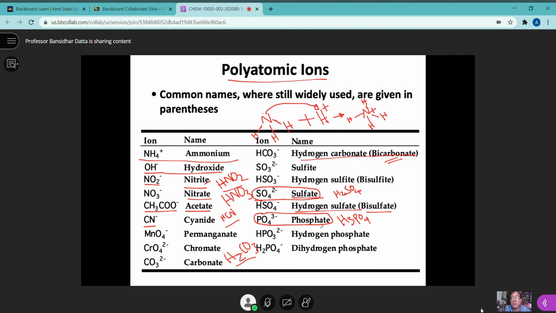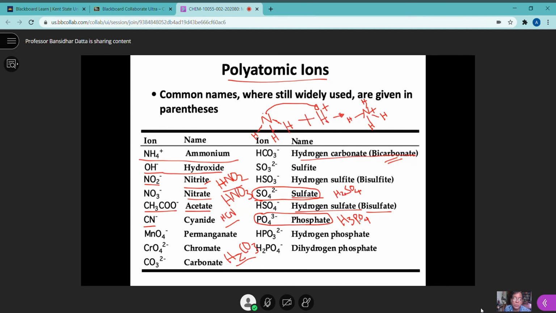Phosphate ions are present in large amounts in our body. If you remember the beginning of our discussion, phosphate is one of the components in our nucleotides, right? ATP, GTP, triphosphate, diphosphate, monophosphate, the phosphates are all there. That's why you should know phosphate, PO4 3 minus.